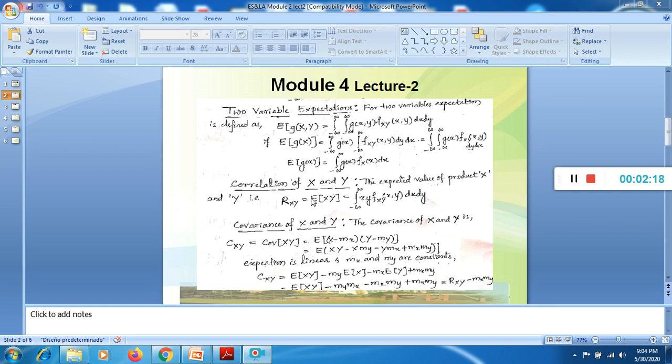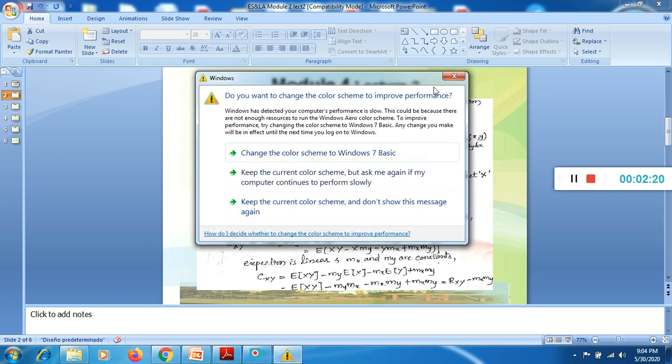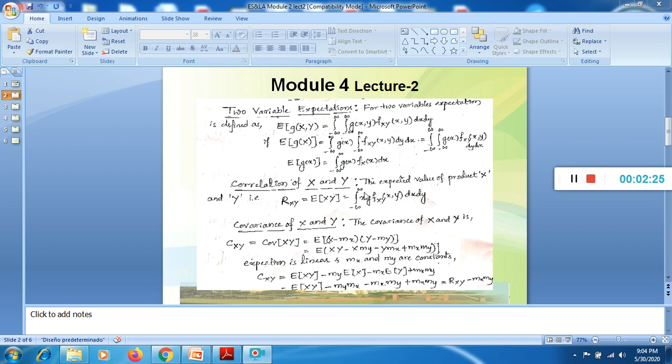So correlation is the expectation of XY, which is given by the integration from minus infinity to plus infinity of x y f_XY(x,y) dx dy, which is represented by R_XY.